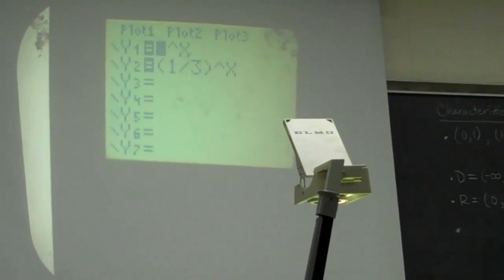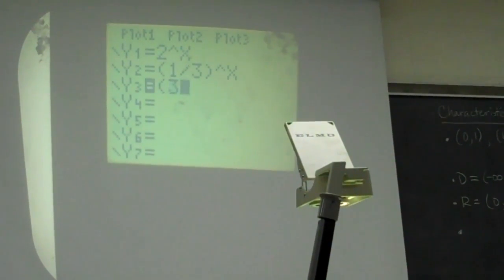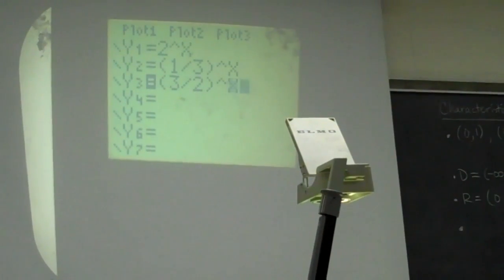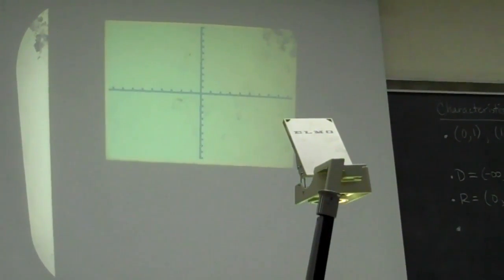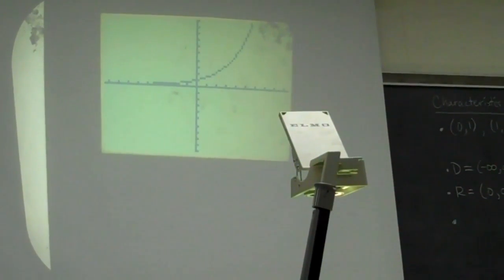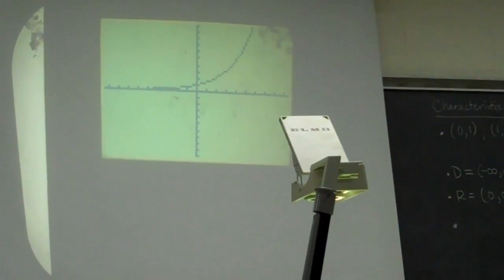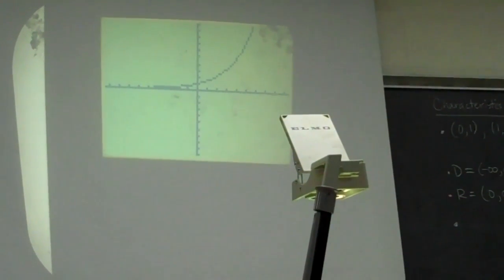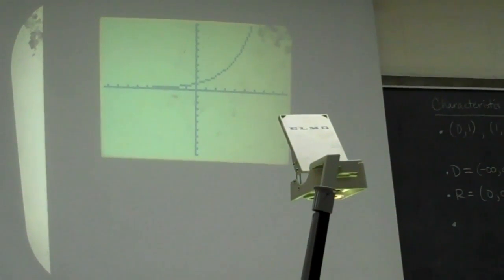So let me turn these off. What if I did 3 over 2? That's a fraction, right? But is this going to be an increasing or decreasing function? It's a fraction, so why is it increasing? What does it say about that number?